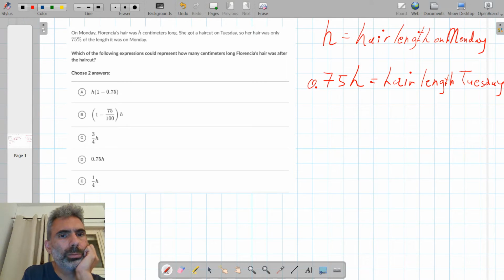Which of the following expressions could represent how many centimeters long Florencia's hair was after the haircut? So H times 1 minus... No, this is incorrect. Because we didn't subtract from H 75%.